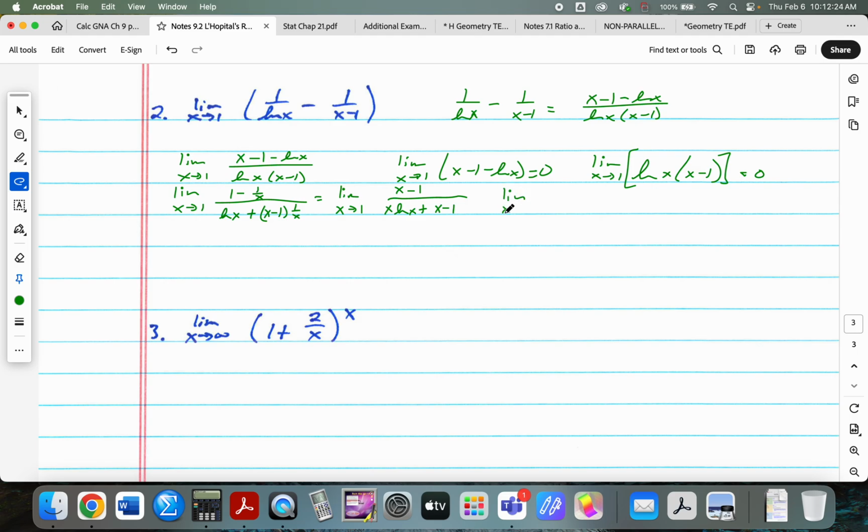So the limit as x approaches 1 of 1 minus 1 over x is 0. And the limit as x approaches 1 of the natural log of x plus the quantity x minus 1 times 1 over x is also 0.